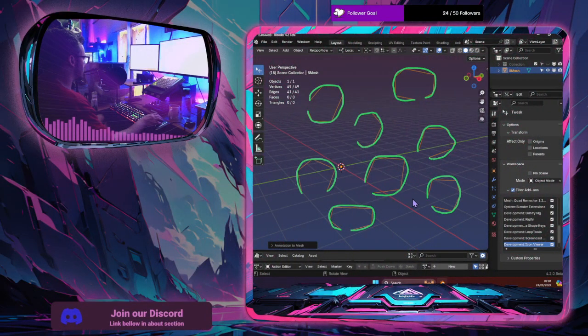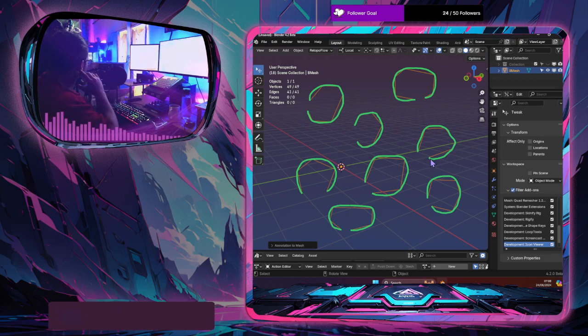Well, I could look at the start and end points distance.